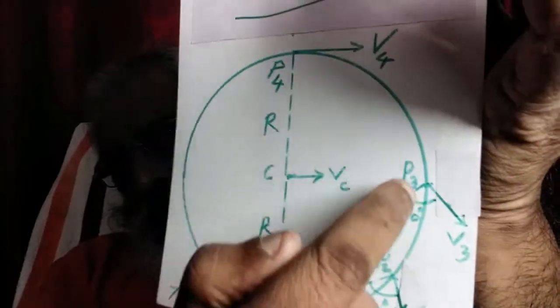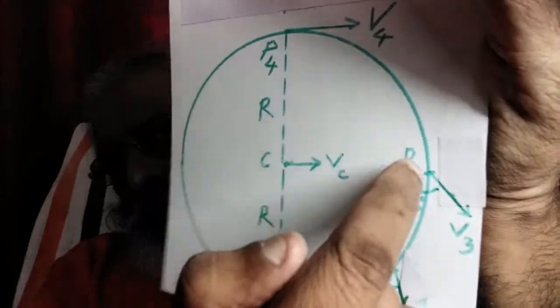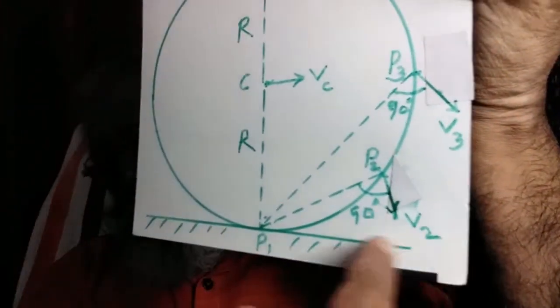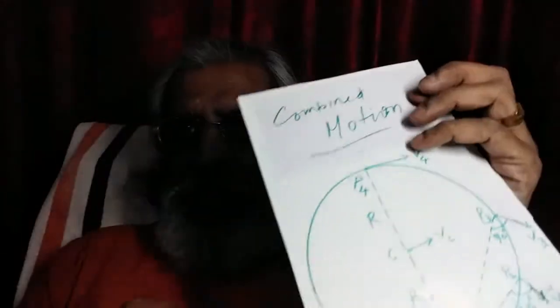Then comes another point, say P3. This P3 will come into contact with the horizontal surface. So the point on the rim of the disk which touches the floor or horizontal plane is the instantaneous center in this case.